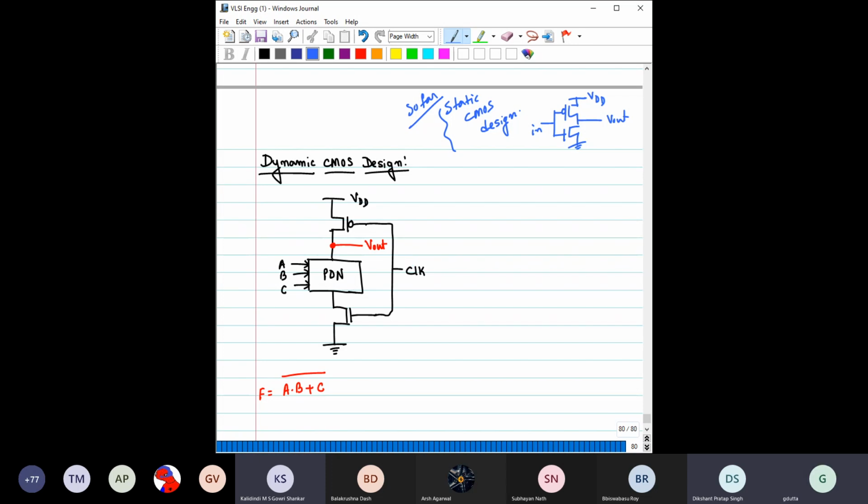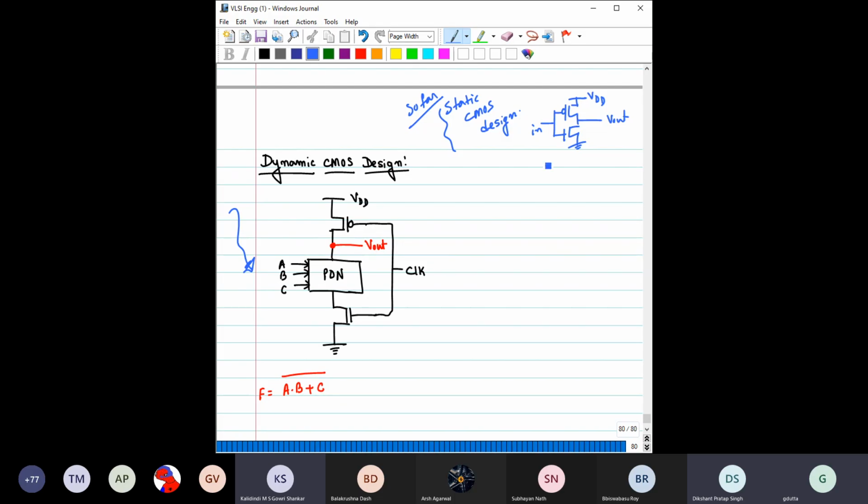First, I will tell you what the general circuit topology looks like, and then why this circuit actually came to the picture. What is the primary utility of this? Why have people used this?